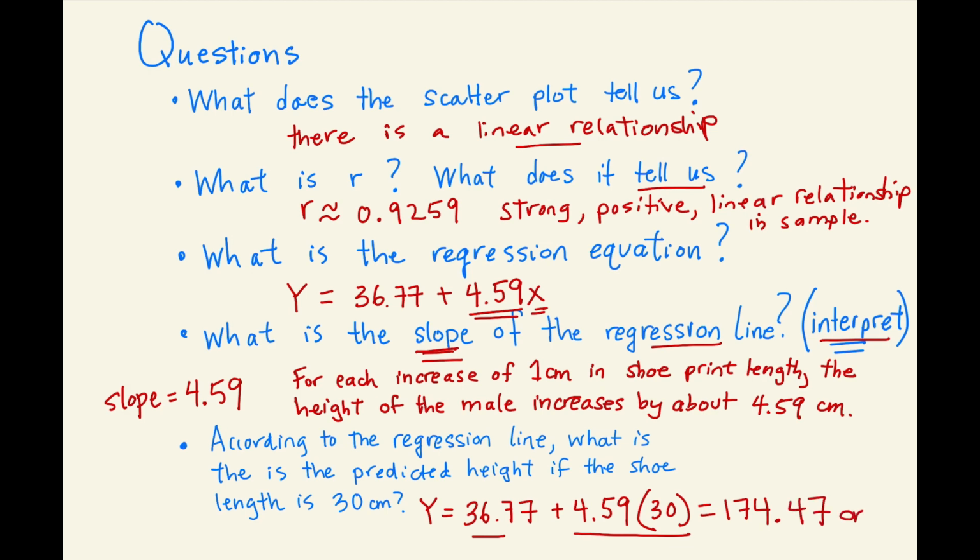So this is the predicted height given by the regression line for a male having a shoe print length of 30 centimeters.